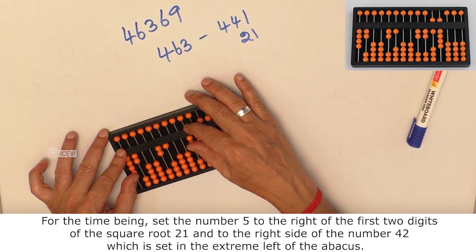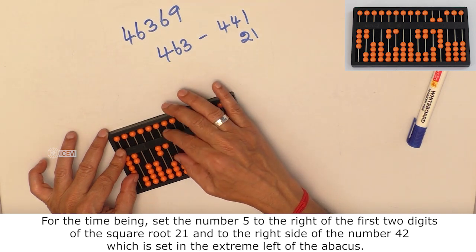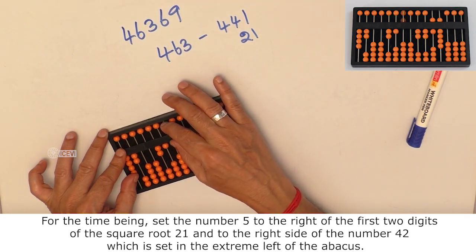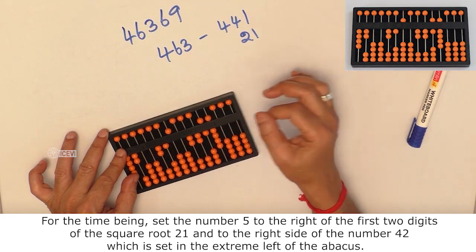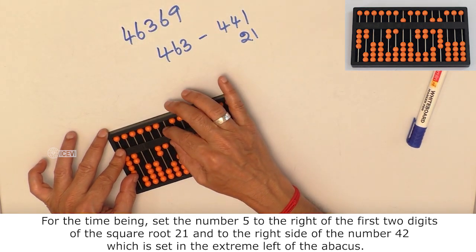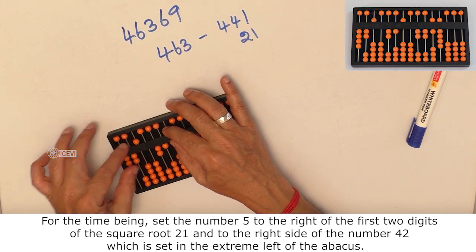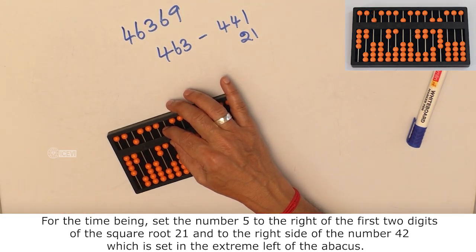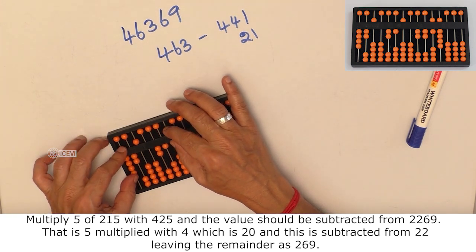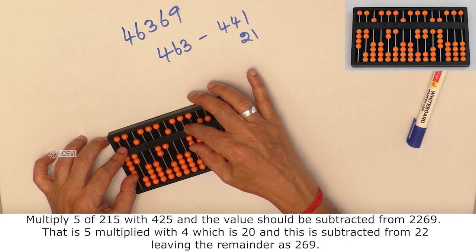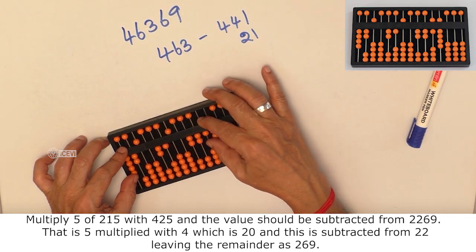For the time being, set the number 5 to the right of the first 2 digits of the square root, 21, and to the right of the number 42, which is set in the extreme left of the abacus. Multiply 5 with 425 and the value should be subtracted from 2,269.